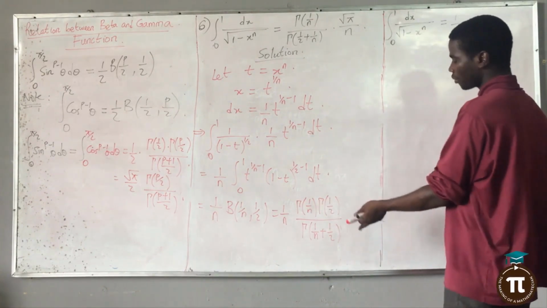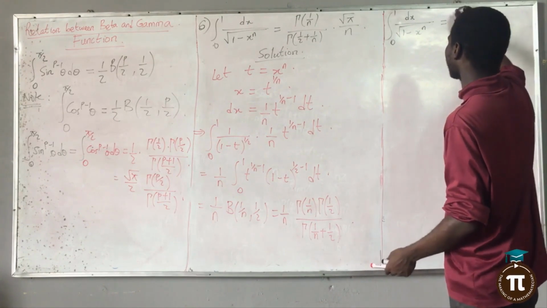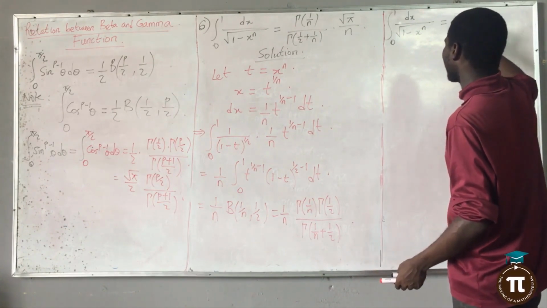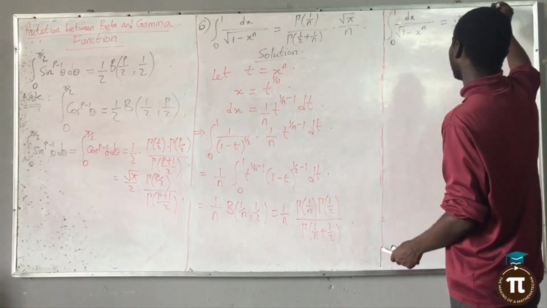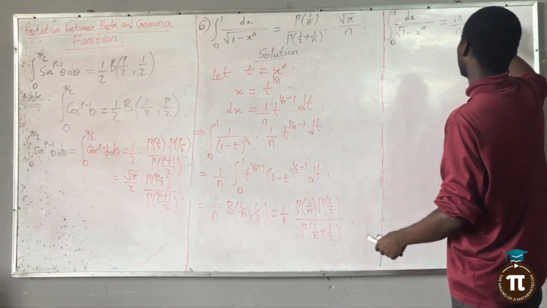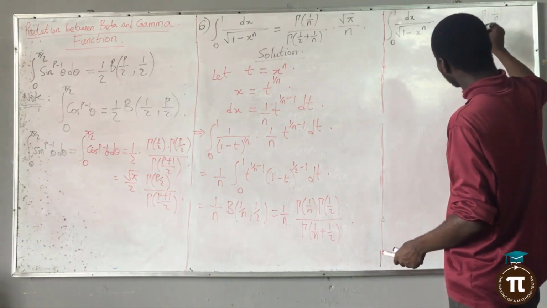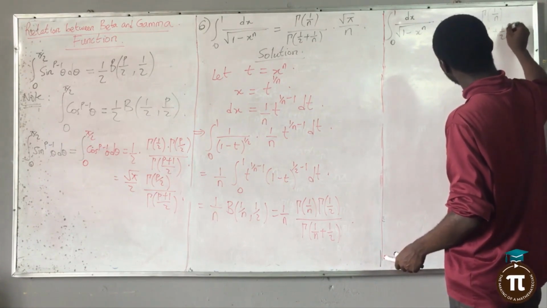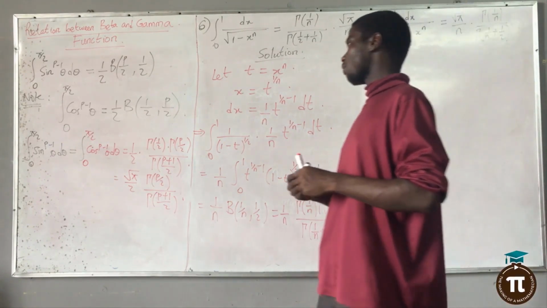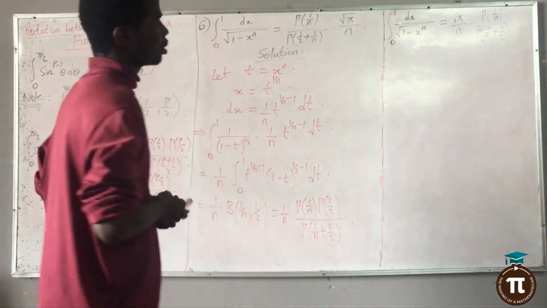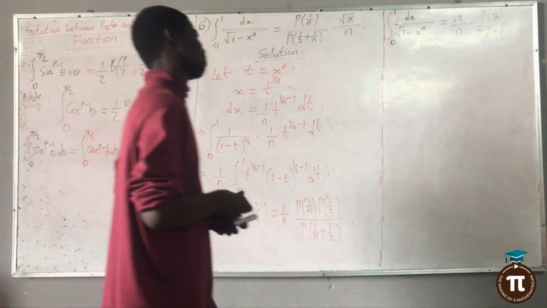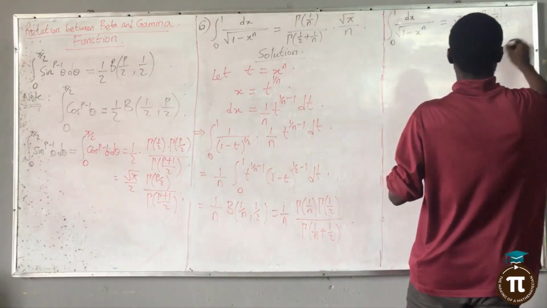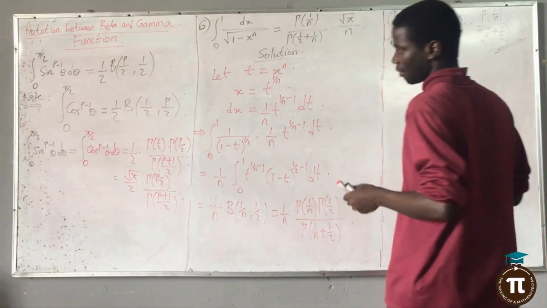Gamma of 1 over 2 is square root of pi, so I can write root pi over n, then multiply by gamma of 1 over n over gamma of 1 over n plus 1 over 2. That's what we have, and that's all.